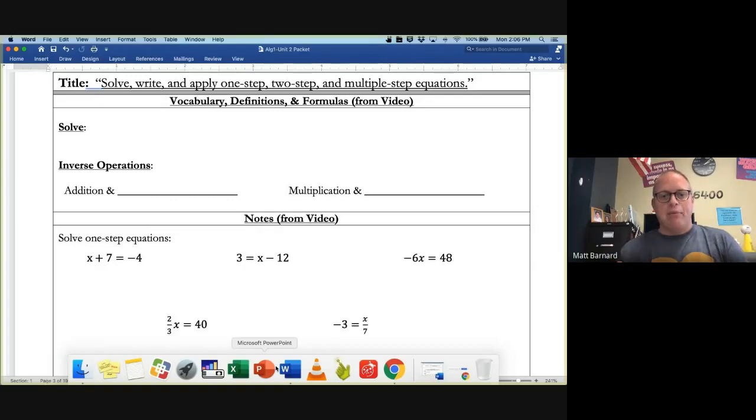There's a little bit of vocabulary I'd like to share with you first of all. And the first word that we deal with a lot with equations is solve. So, what does it mean to solve?